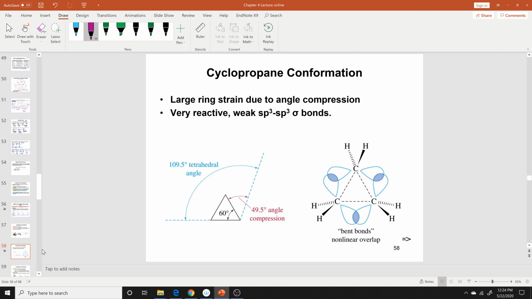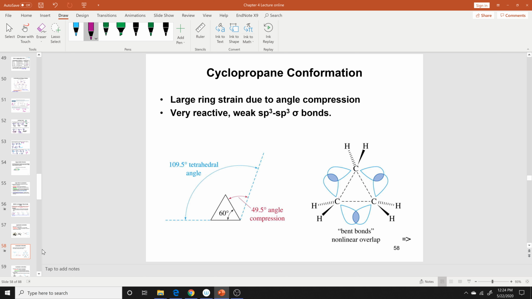Normally the compression of the bonds is going to make those sigma bonds around the carbon, the single bonds, very weak. Now, remember that this compression of the bonds is the result of the hybrid orbitals. This is the result of the 2 sp3 hybrid orbitals overlapping with each other to make the sigma bond for each of these carbons.